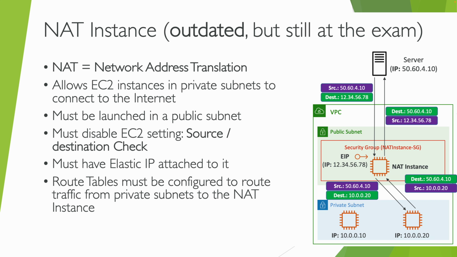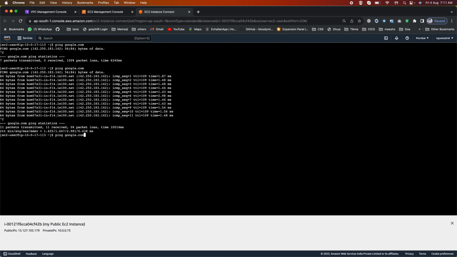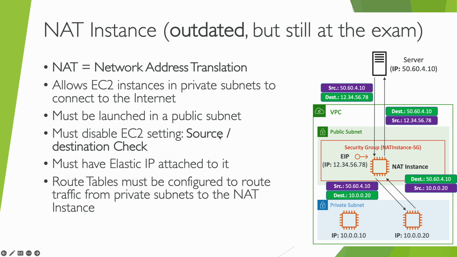When this private IP wants to connect to the internet, say when I ping google.com, this google.com has some IP other than these private IPs. Say the google.com IP address is 40.1.2.3.